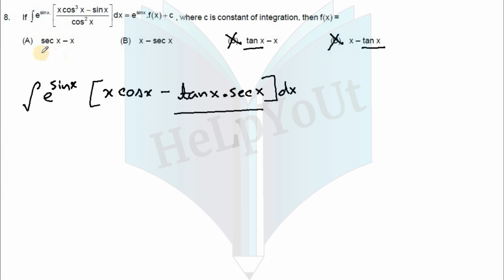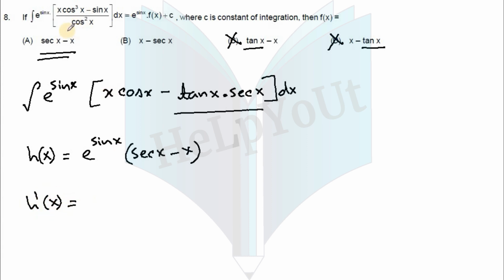And if we take A as true, so that f x is sec x minus x, let's write h x equals e to the power sin x times f x, and we will try to differentiate this, h dash x. We are basically trying to find the inside function.